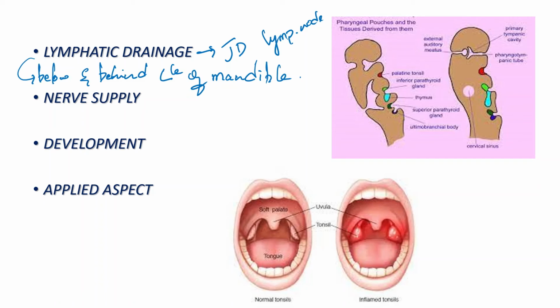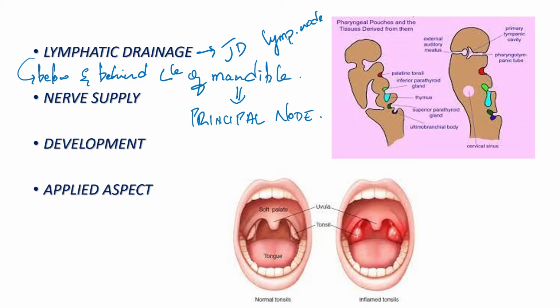So during tonsillitis, there is a swollen lymph node. The enlarged lymph node is felt or palpated as a mass just below and behind the angle of the mandible. Hence, this lymph node is called the principal lymph node of the palatine tonsil, as it is important clinically.